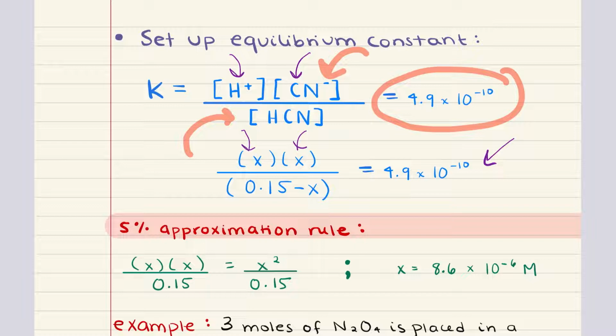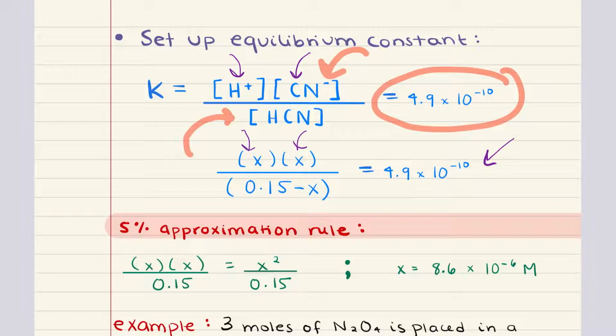Now, in many equilibrium problems, we can actually simplify our calculations by making the assumption that the change in concentration of a reactant or product is negligible compared to the initial concentration. This rule is usually known as the 5% approximation rule, and it's a guideline that helps determine what is a reasonable simplification assumption.